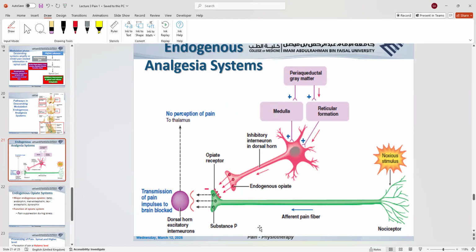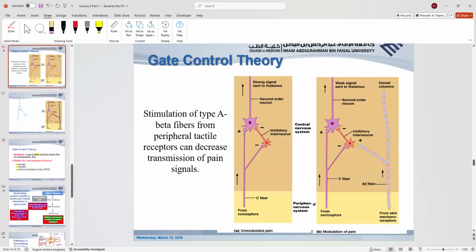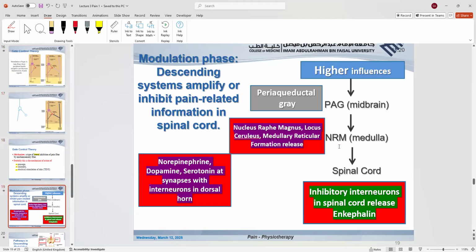The other one is external, where we do the massage from outside, or we use acupuncture, or we use certain creams, etc., whatever. So this one is the internal, and this one is the external. So as physiotherapists, you will be using this mechanism, the gate control theory.